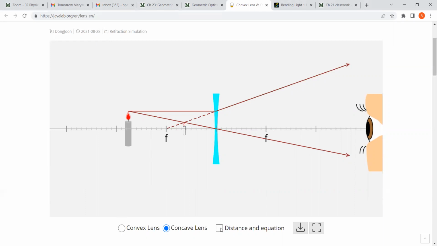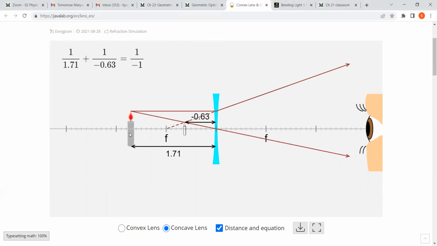All right, so if you see the equation, the focal length for this kind of lens, the diverging lens or the concave lens, is negative. Okay, so remember that for diverging lens or concave lens we use negative focal length. So f is negative for this lens. Okay, and object distance is always positive because we can control it. I mean, most of the case it is positive.